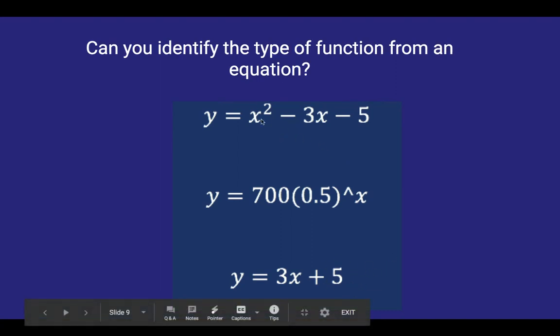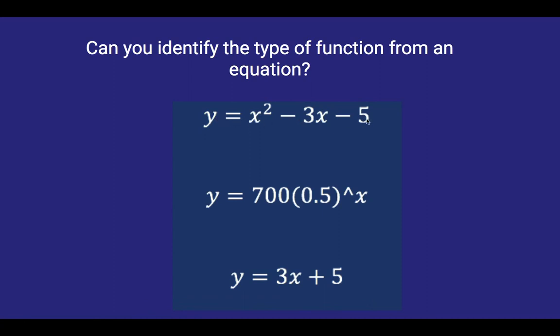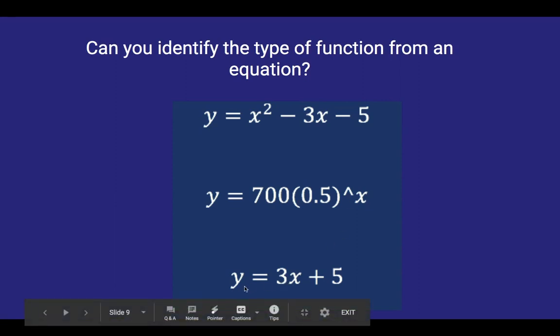But anyway, this function has a degree of 2 and is written in standard form for a quadratic. This example has your variable as the exponent. This is an exponential function. And this last one is not written in standard form. It's written in slope-intercept form, which is linear.